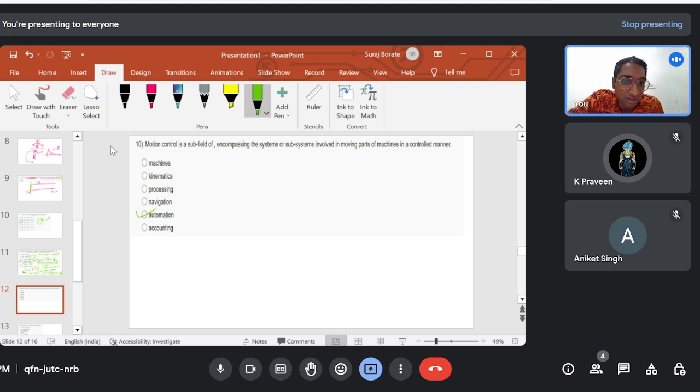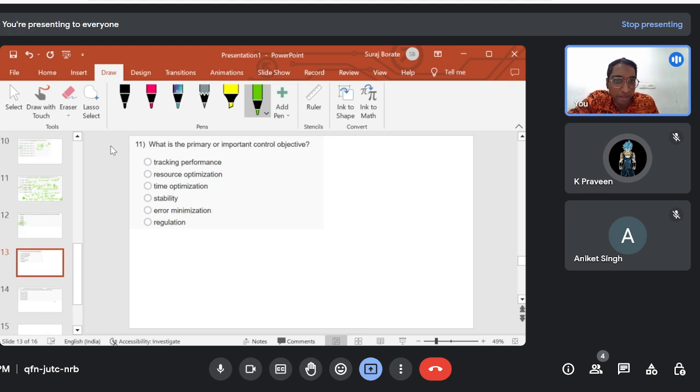This is automation. When you want to automate a moving thing, motion control will be a subfield. But navigation also can be the answer, because in navigation you also need to control motion, but it's fine. I think automation is more relevant over here.